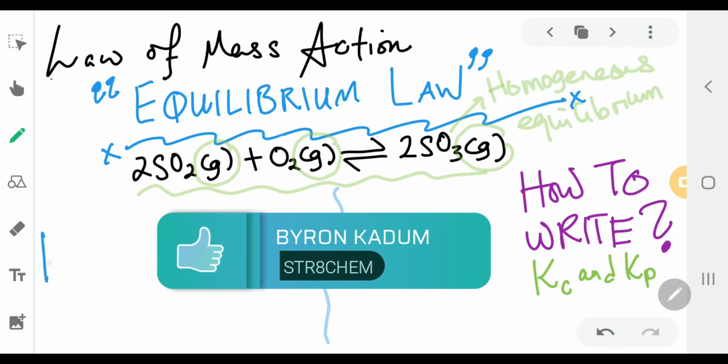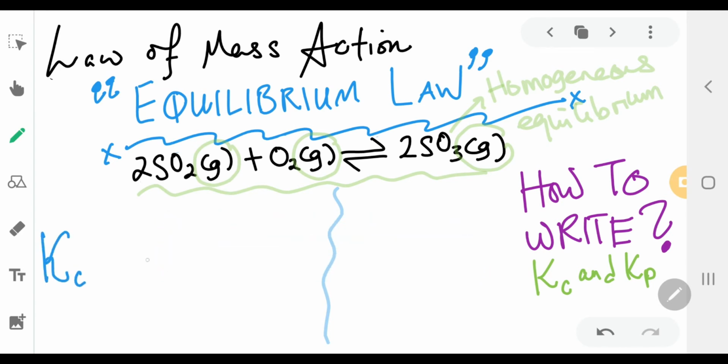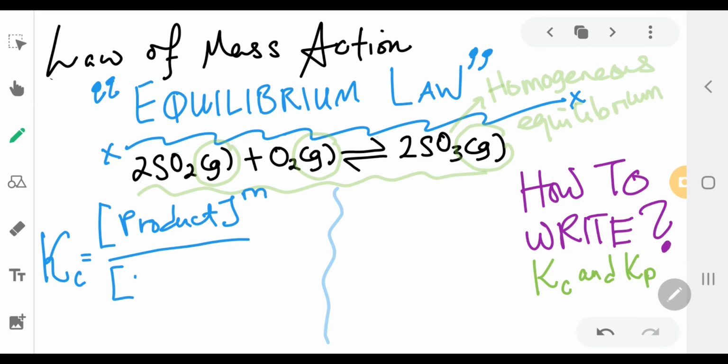So how do you write Kc? The way we're going to do this is we're going to put the concentration of the products to the power of m over the concentration of the reactants to the power of n.